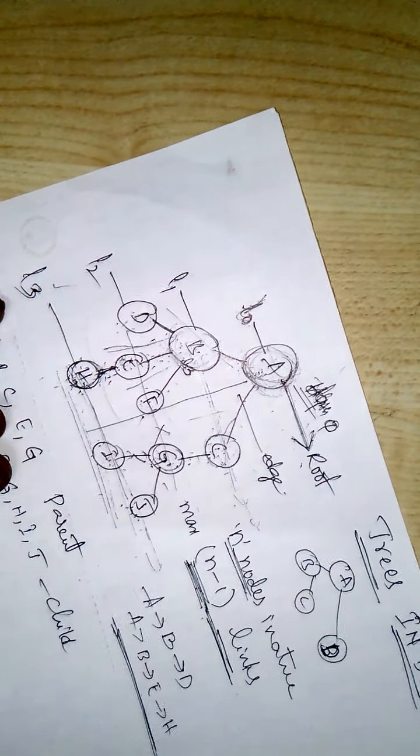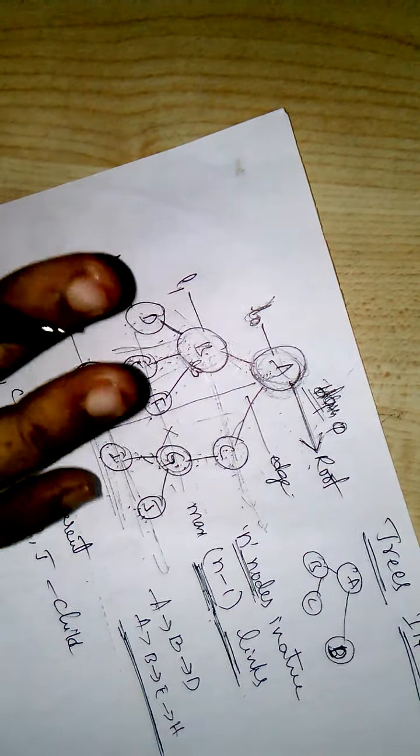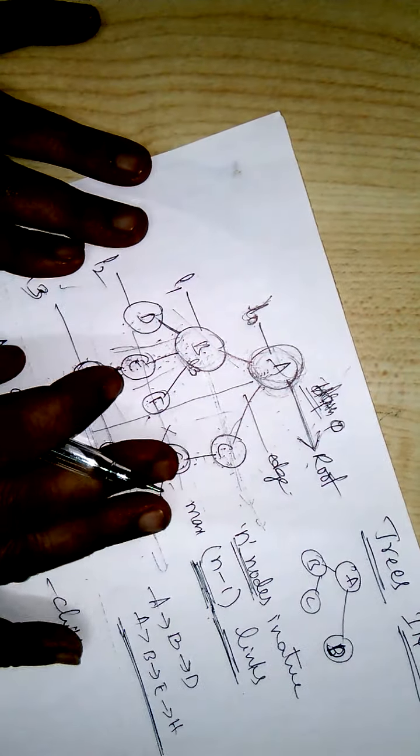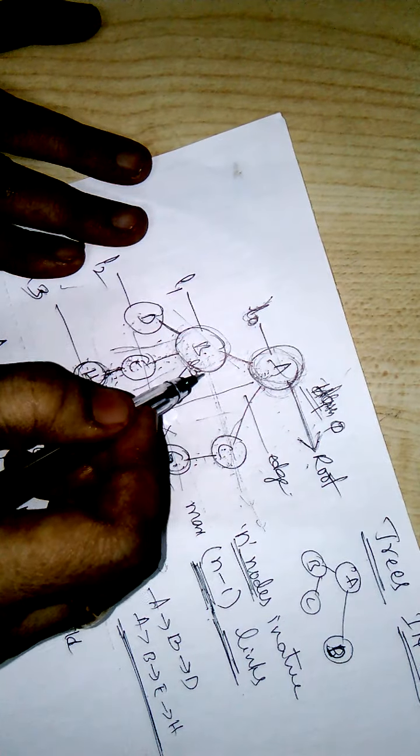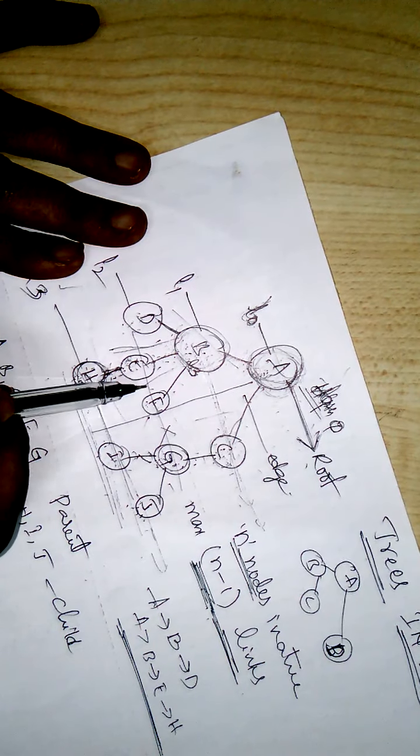Next is parent. A node which has one or more children is called a parent. If we take B, B is called a parent which has one or more children.